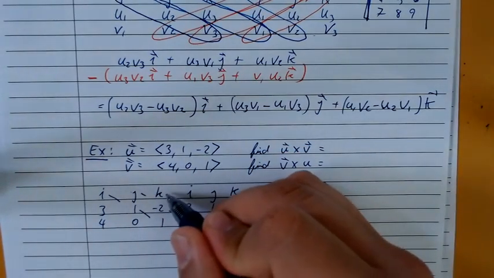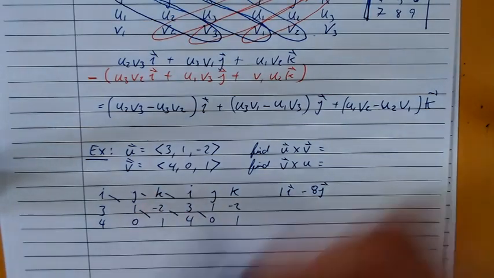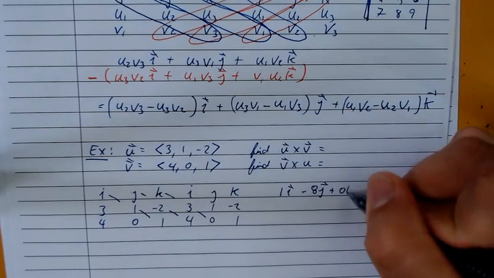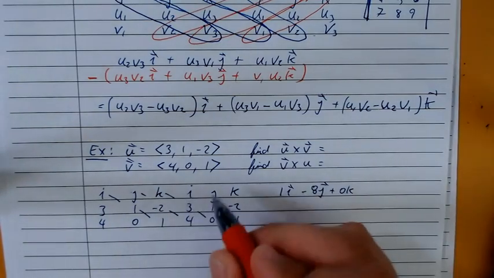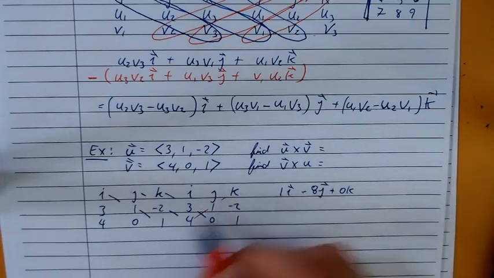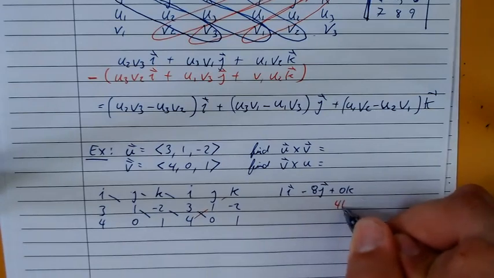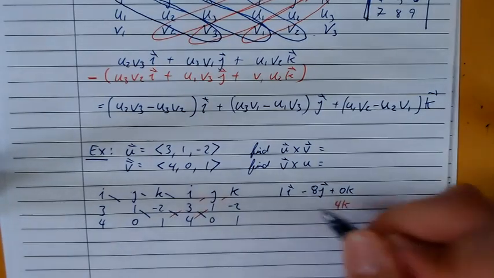And then 0 times 3 times K, well, that's 0K. All right, so now let's go back the other way. 4 times 1 times K, that's 4K. 1 times 3 times J, that's 3J.